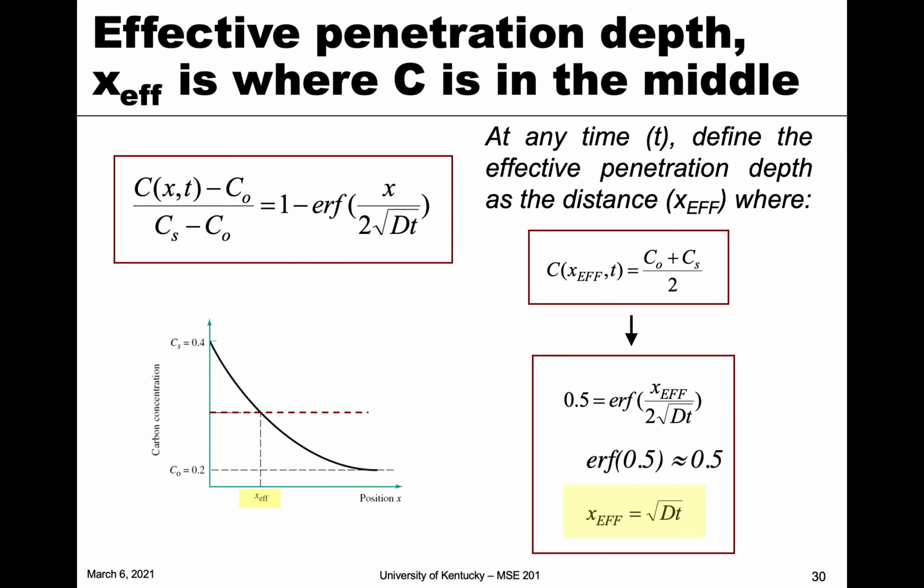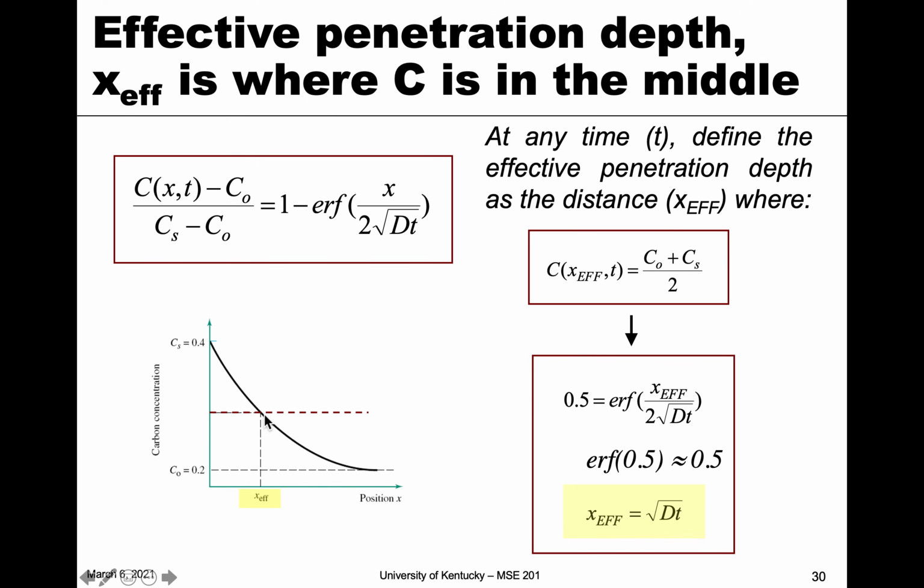So that also allows us to come up with what we call an effective penetration depth. And so that's known as the position x_eff, for effective distance. And so that's where we say the concentration is halfway between the baseline, so the initial, and the surface, right?